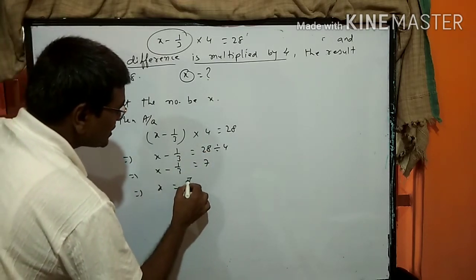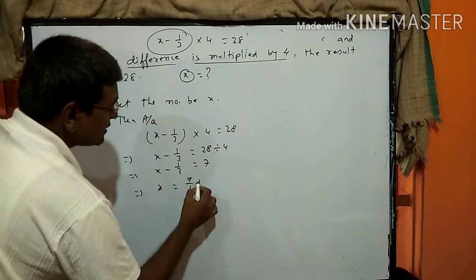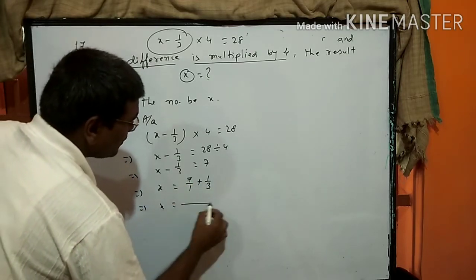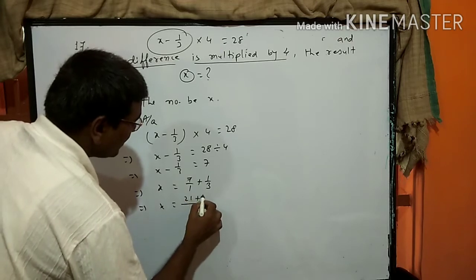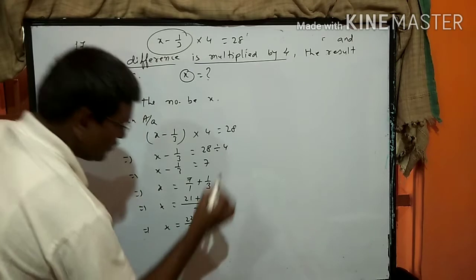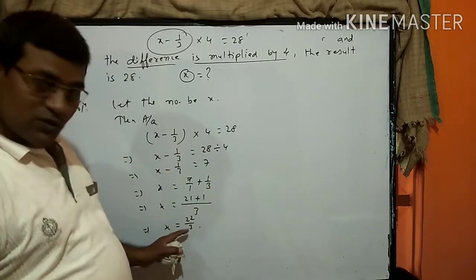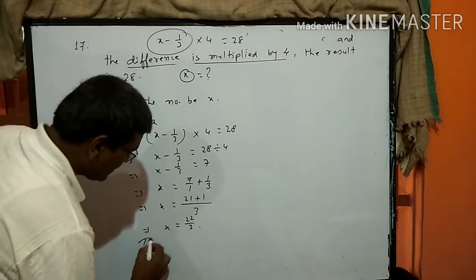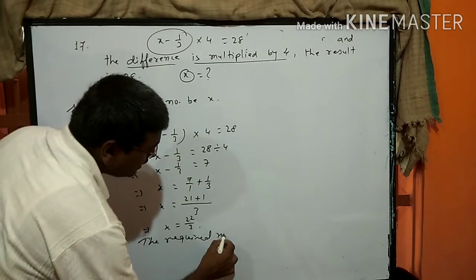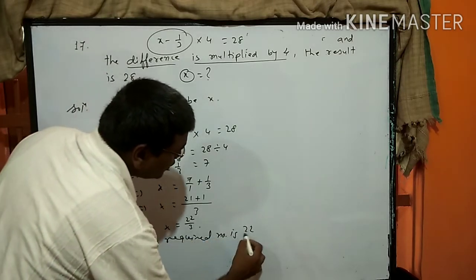X is equal to 7 plus 1 by 3. So x is equal to 21 plus 1 by 3, and finally x equals 22 by 3. The required number is 22 by 3.